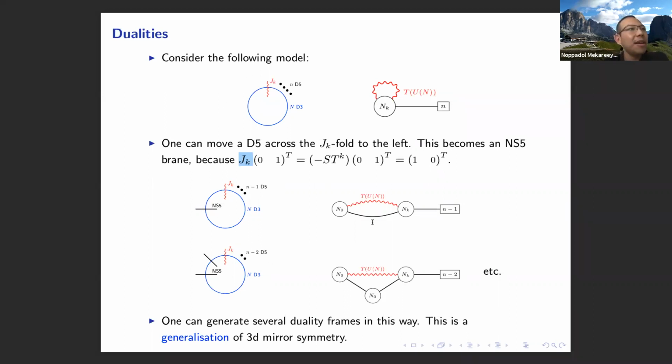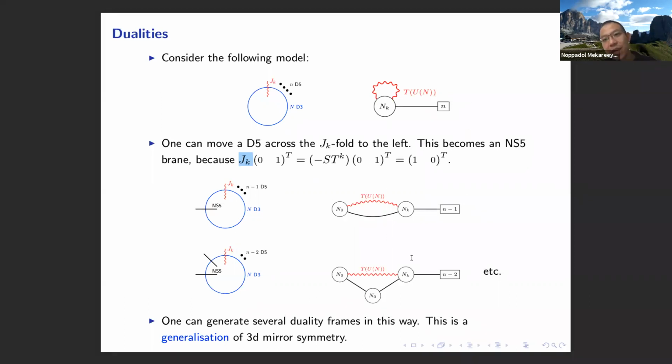an NS5 brane. And now you can read off another brane picture. This is N-1, so it gives rise to N-1 flavors. The NS5 brane becomes a bifundamental hypermultiplet. You can repeat this process until you get bored, and now you have at least 3 duality frames.